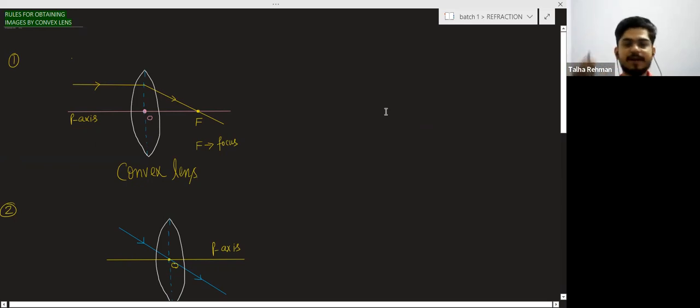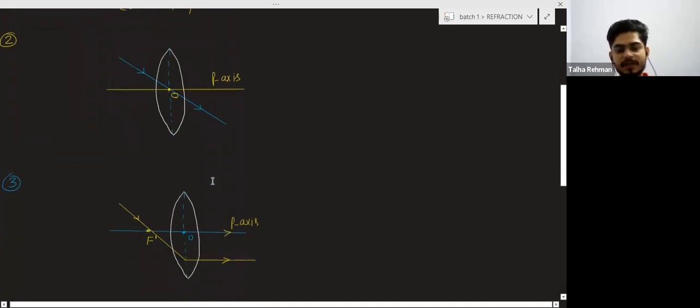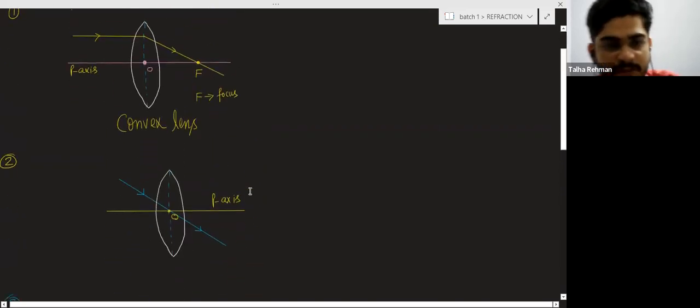When a light ray parallel to the principal axis passes, after refraction it goes through the focus. When a light ray passes through the optical center, it will go straight. There will be no bending, no refraction. And whenever the light ray is passing through the focus and then enters the material of the lens, after refraction it will become parallel to the principal axis.